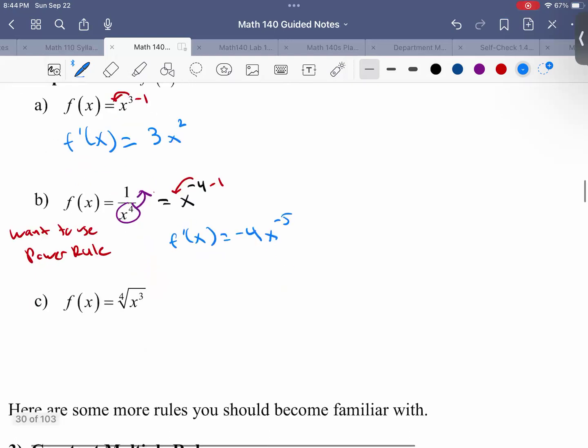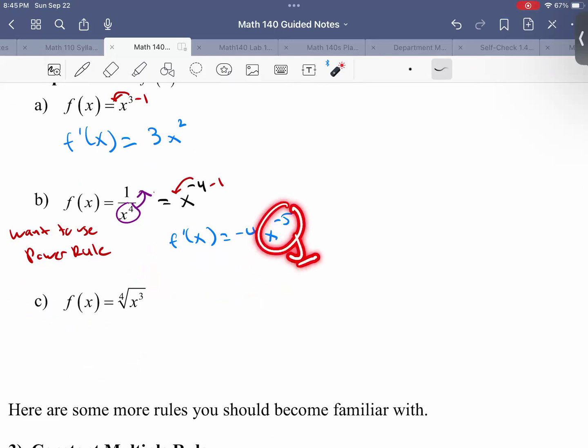And just to clean this up, it's cleaner to have positive exponents. So I can just bring it back down and make that positive. So what this becomes is negative 4 over x to the fifth. What I did was just bring that guy down to the bottom. And that's my answer.